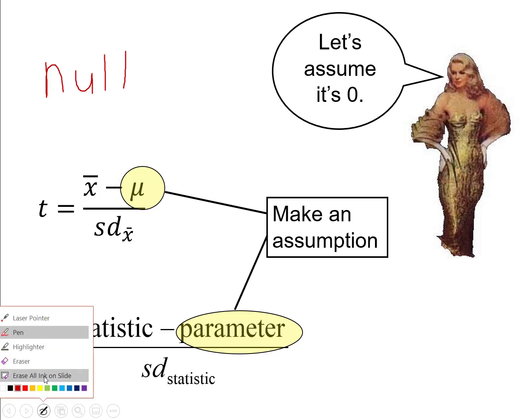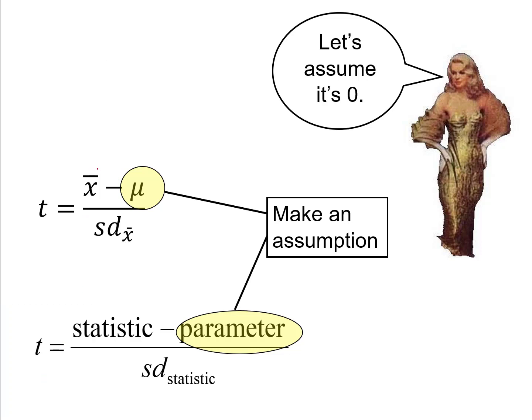And it's somewhat of an odd hypothesis to have if I'm looking at a sample mean. For example, if I'm looking at how much people like blue-footed booby birds, it would be kind of odd to say on whatever scale I have, I'm assuming the sample mean is 0. But for some of the other statistics we'll be looking at, the null hypothesis will be much more meaningful.